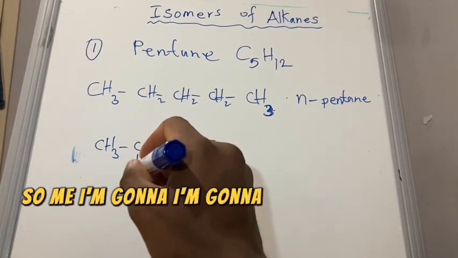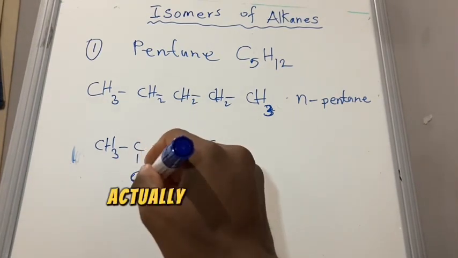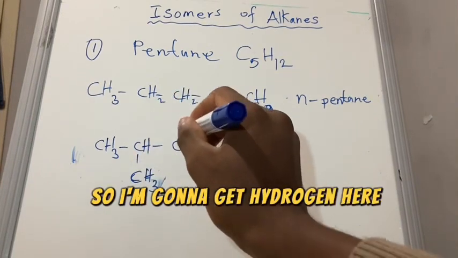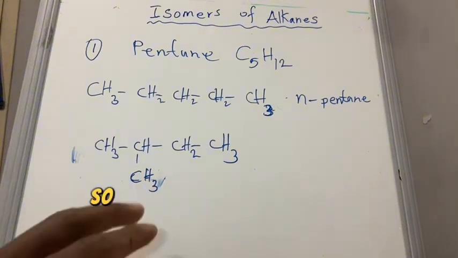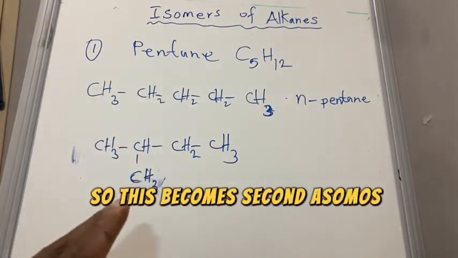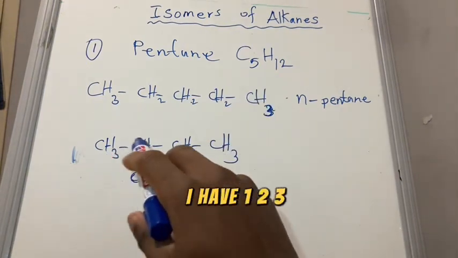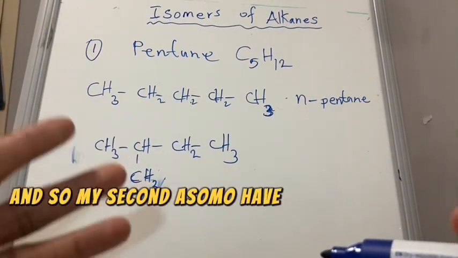I'm going to put 1 carbon here as a branch. I get hydrogens here, 2 here, 3 here. So this becomes the second isomer. Look, 1, 2, 3, 4, 5: I have 5 carbons, so my second isomer is drawn.